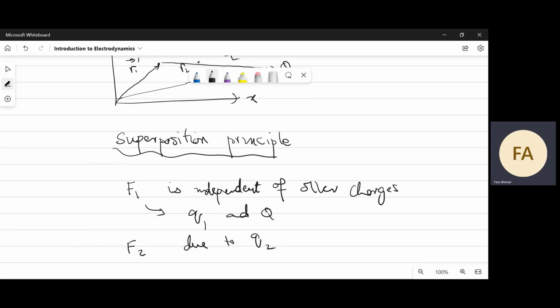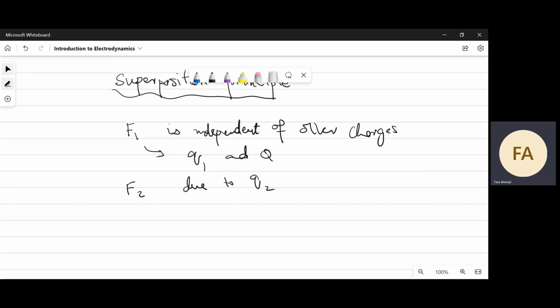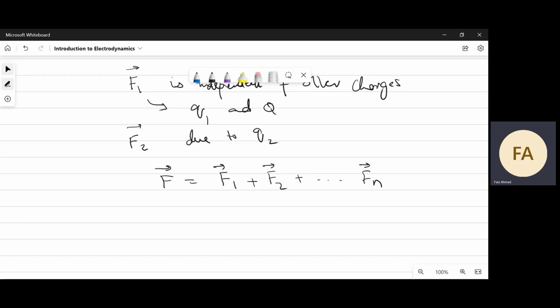So on, for n charges, superposition again says the total force will be the sum of the forces due to those independent single charges. So the total force is the sum of the forces due to Q1, Q2, Q3, and so on up to Qn, and the net force on charge Q is the sum of all the forces.